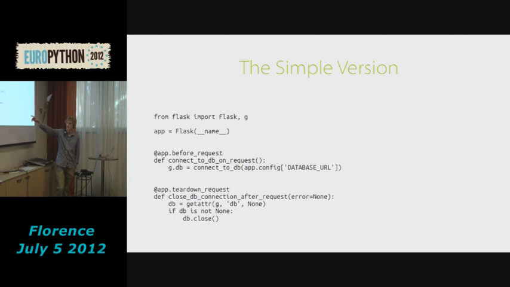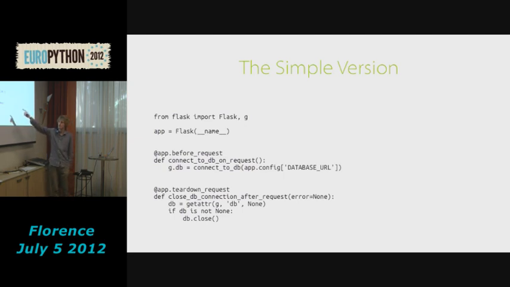So you can set a teardown handler, which is executed every time the request tears down for any reason, either an exception or because the end of the request was reached. And then you get the database from the G object. And if it's actually on there, you can close it. Now, why would that line be necessary? Why wouldn't I do g.db.close()? Well, the reason is that if, for instance, the connection fails, there is no database object on the G object.